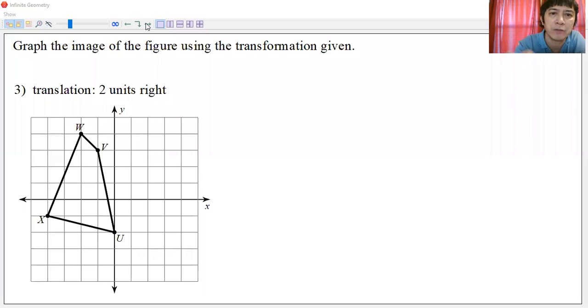So we will have this. This is the symbolic translation. This is 2, because this is going right. So we're adding 2 to every x value. And then there will be no movement vertically, which means it's a 0 there. So this is now operating on x, y.